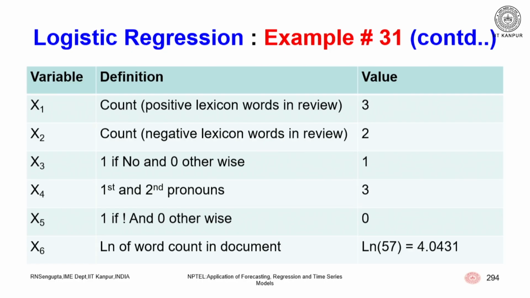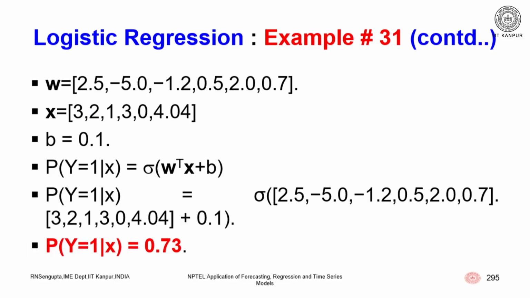Then you find the word count in the document, which is 57. If you download the Excel sheet and count, there are 57 words, and the logarithm of that is 4.0431. We will use the last column for our calculations.